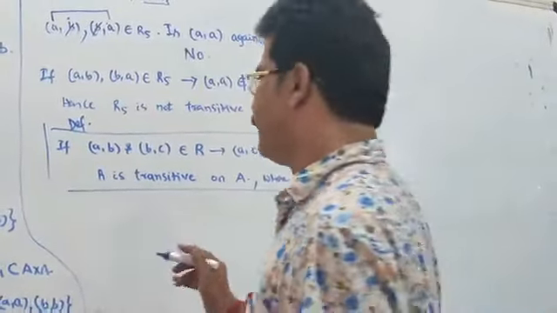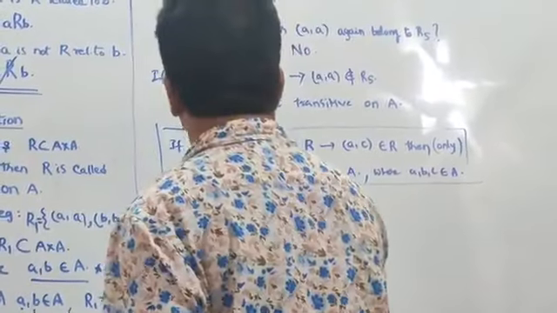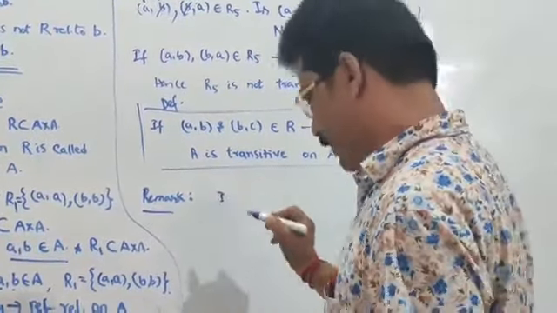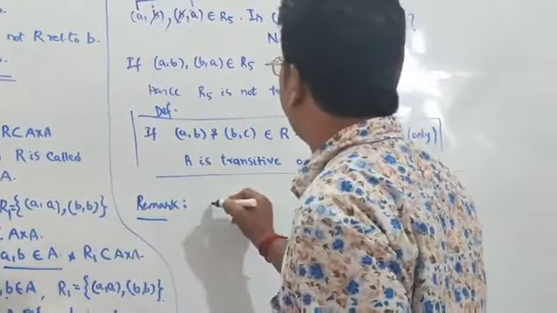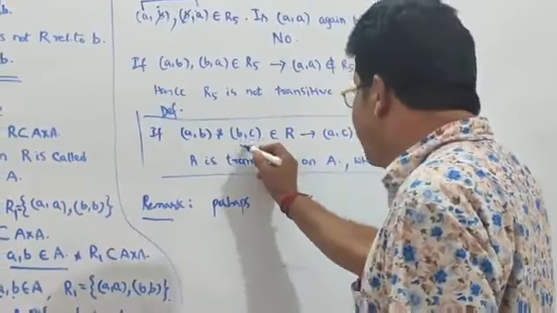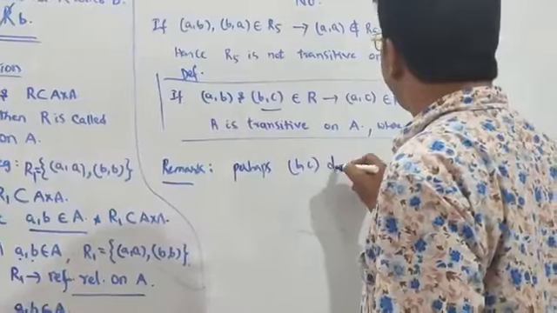One remark is there. It is a different point about transitive. What is that? Perhaps this B comma C does not exist.